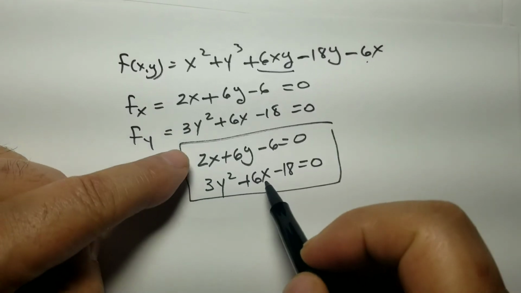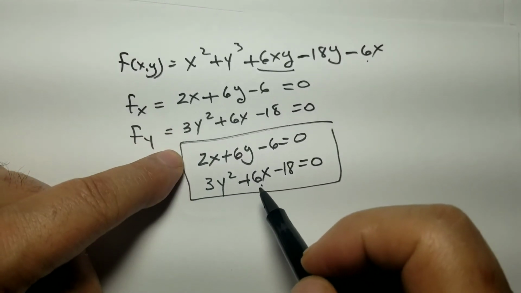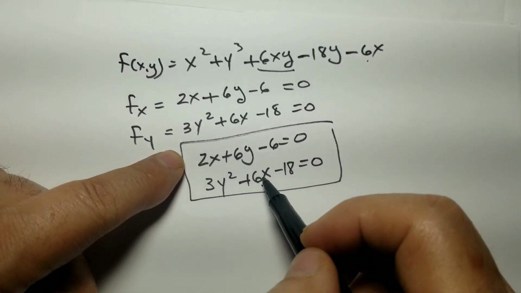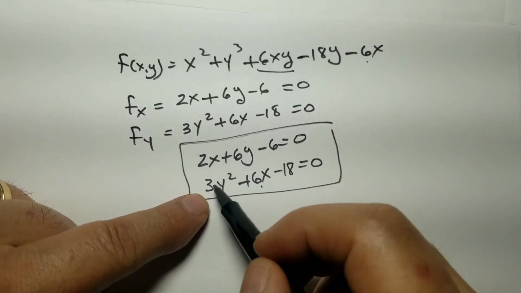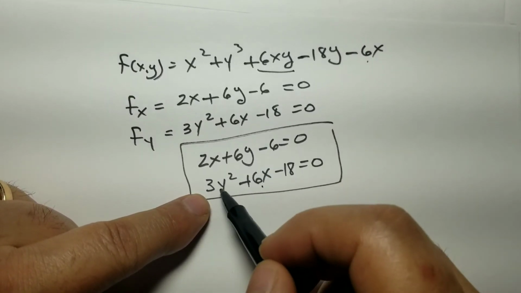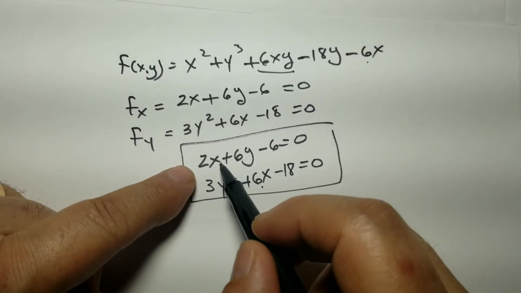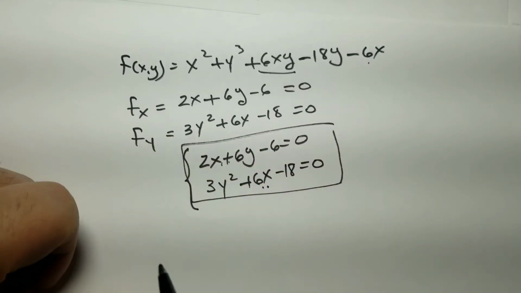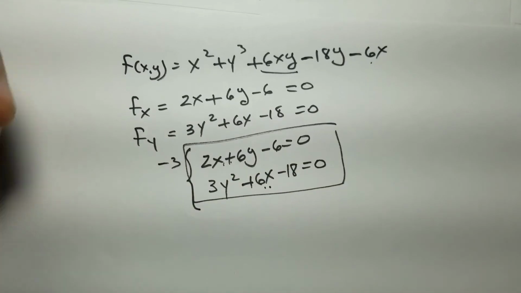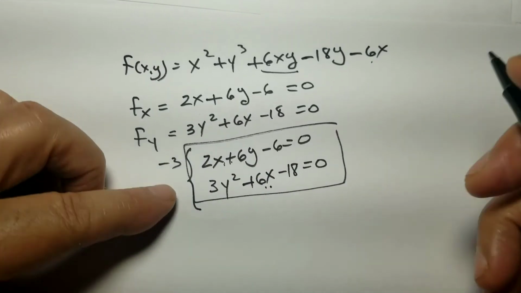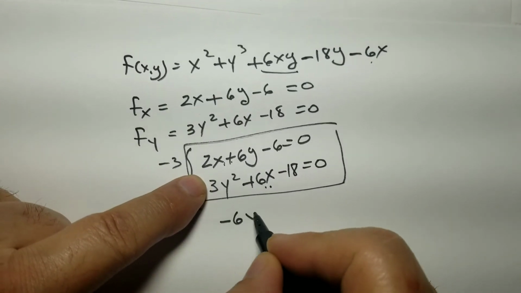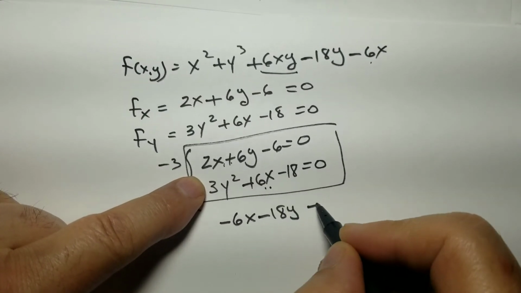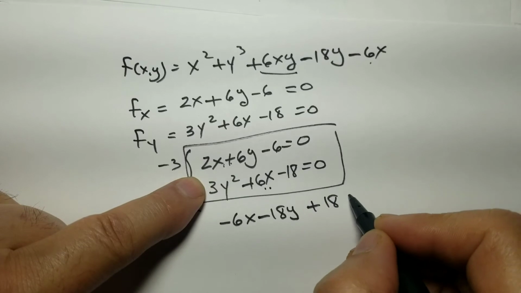Therefore, do you want me to kill the x? I multiply this by negative 3. And all that is left is the y value. I don't have y in both of them to kill the y. Or I can solve for x in here in terms of y and substitute it here. But in here, I'm going to put a brace and multiply this one by negative 3. Then what do I get? I get negative 6x minus 18y plus 18 equal to 0.